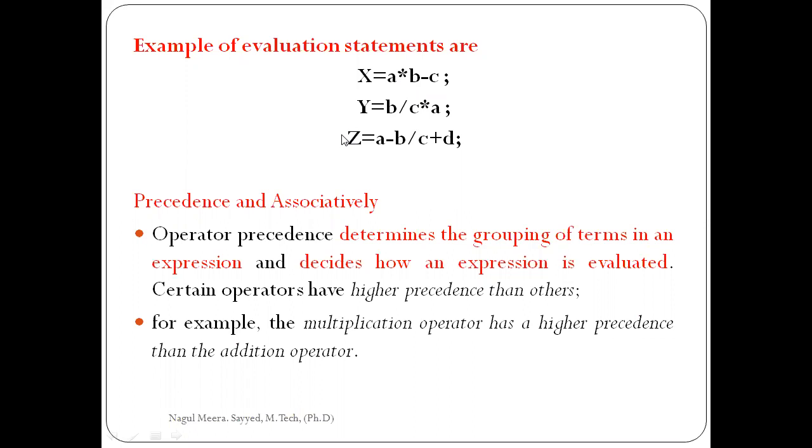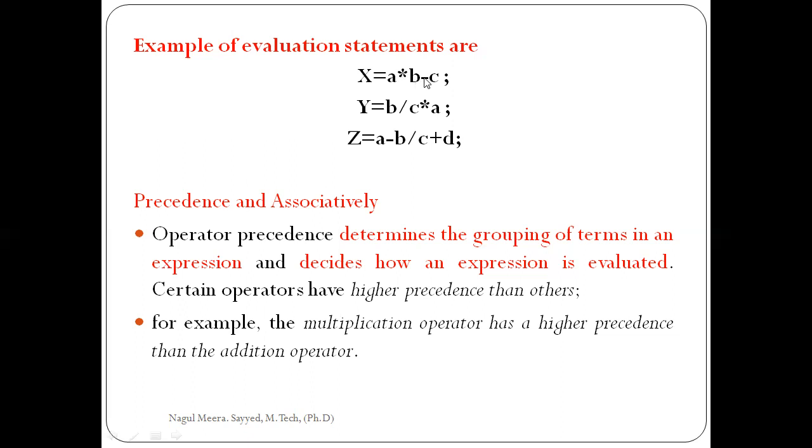Now the next important content is precedence and associativity. What is the meaning of precedence and associativity? In this topic we will discuss, for example, an expression that consists of more than one operation like a into b minus c.